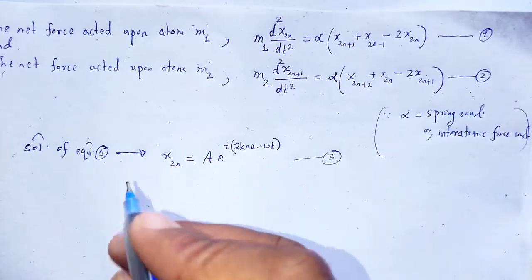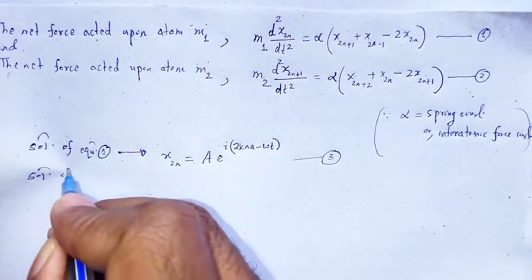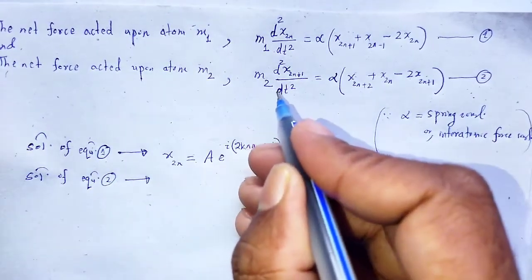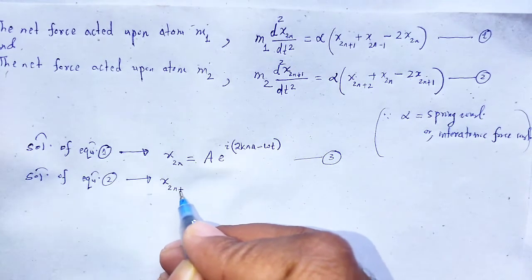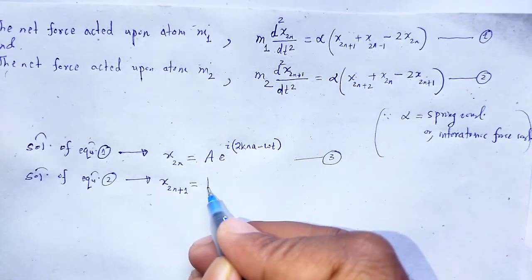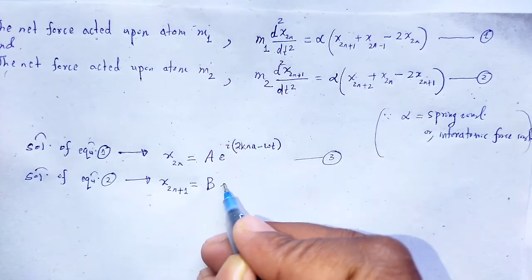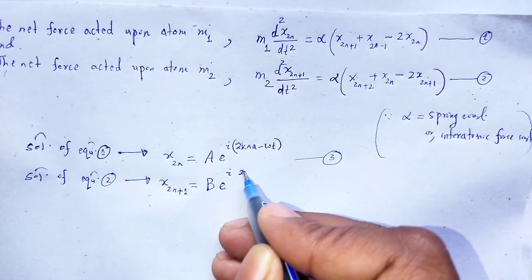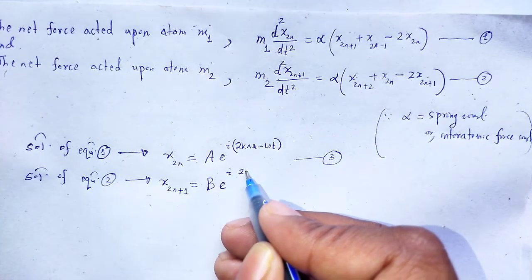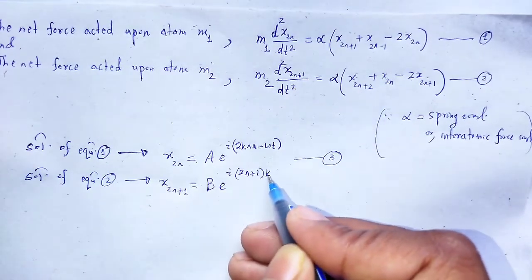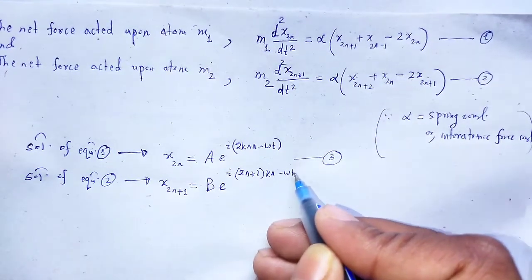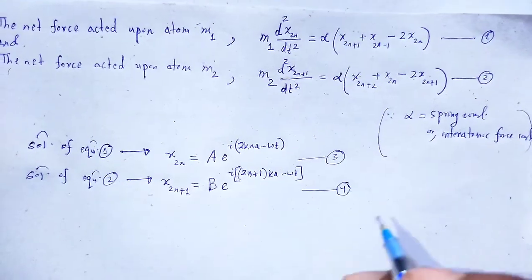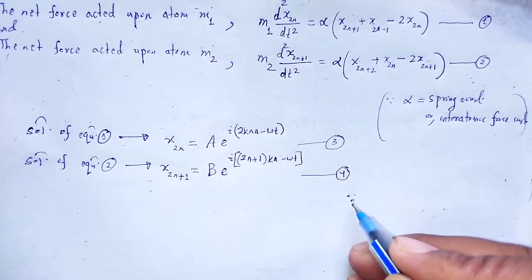And the solution of the differential equation number 2: x₂ₙ₊₁ is equal to B e to the power i((2n+1)ka − ωt). Equation number 4.